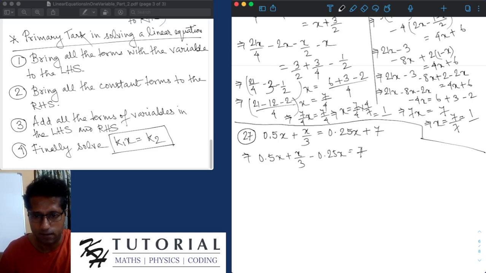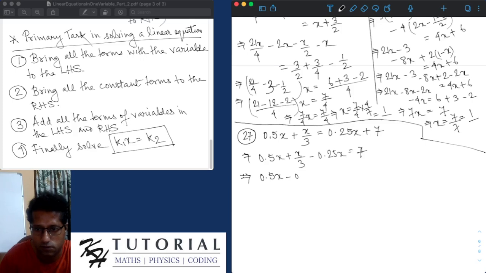Now I will add up the 0.5x and minus 0.25x first, and I will leave the x by 3 as it is, and the equation becomes this.